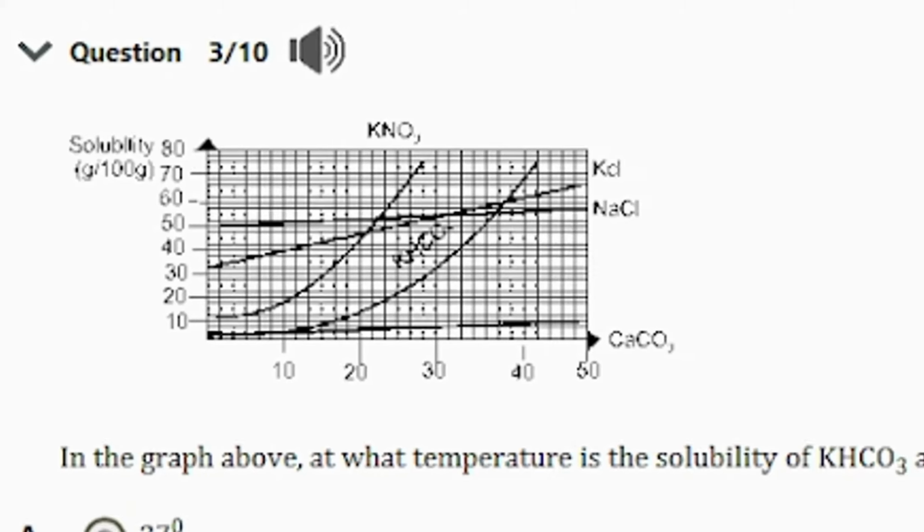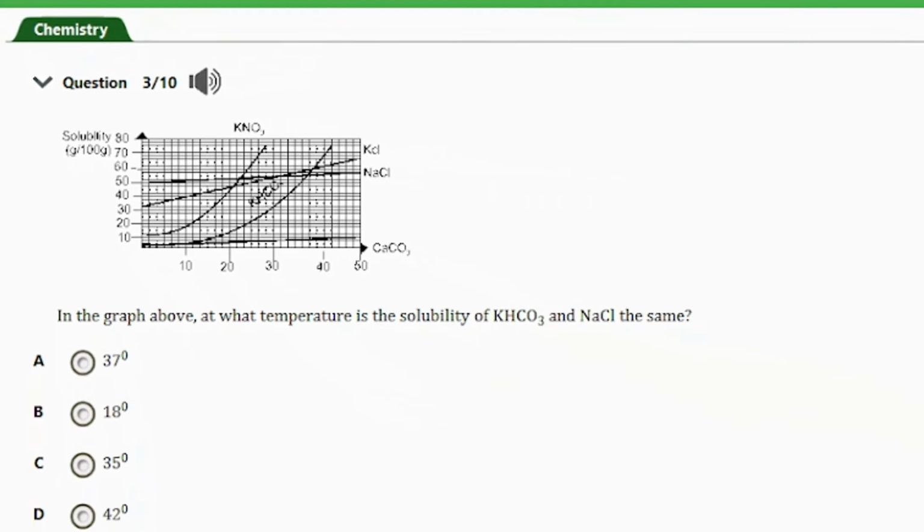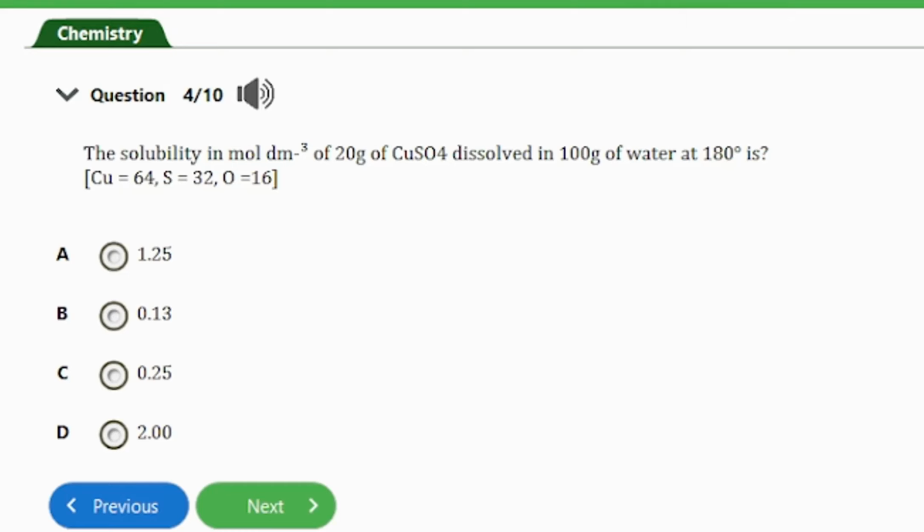So guys, it's at point 37 that this curve actually blends with this other curve. So that's the answer to this question. This point where they intersect, tracing it down to this line of the temperature, that's 37. So that will be the answer to this question, option A. So let's consider the next question.